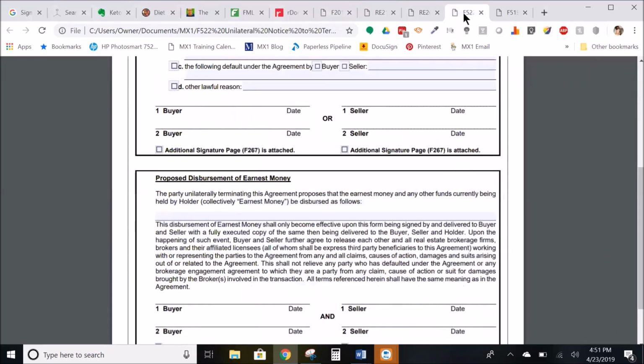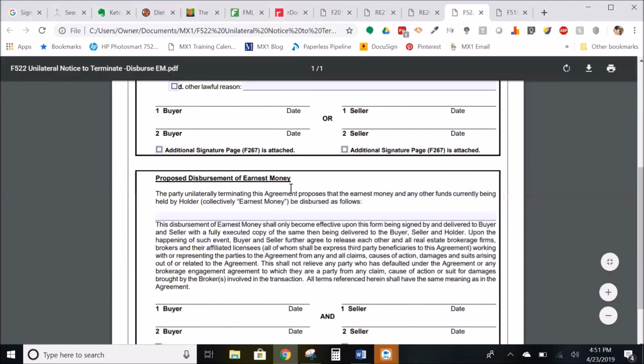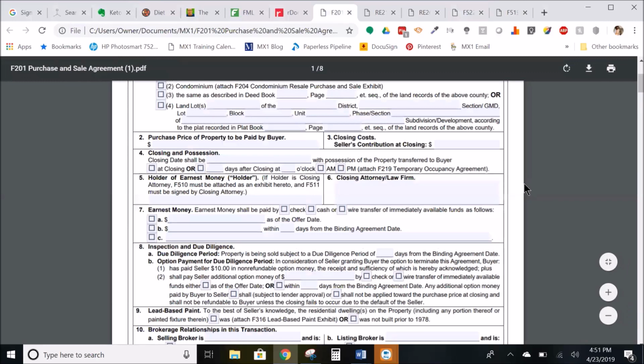Then even though the buyer has not yet remitted the funds, if earnest money is addressed in the creation of a contract, it must also be addressed in the termination of a contract. So you still have to address it here in the proposed disbursement of earnest money. So all you would write is buyer to retain earnest money, not yet remitted, per paragraph A7B of the purchase and sale agreement.